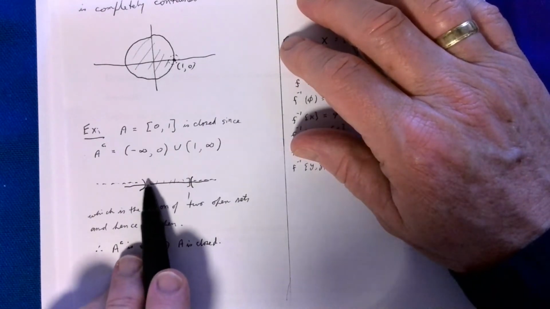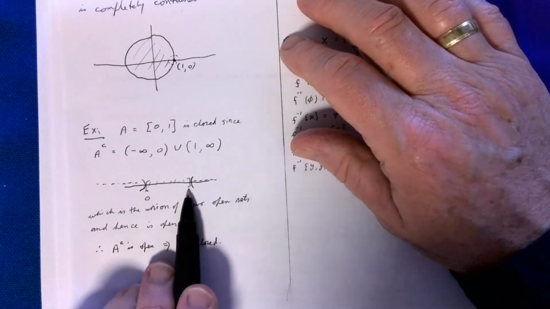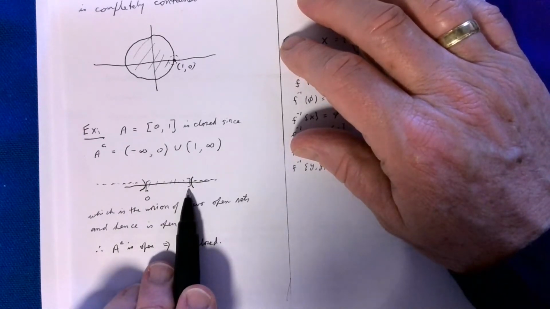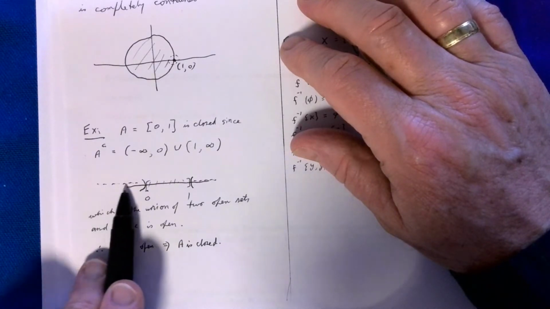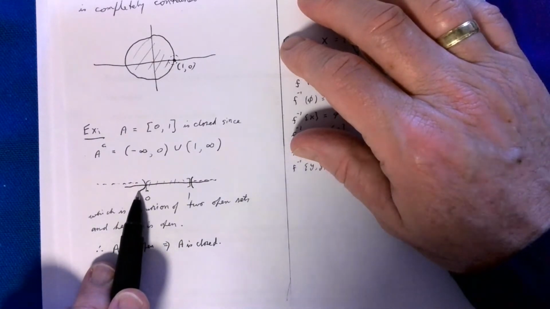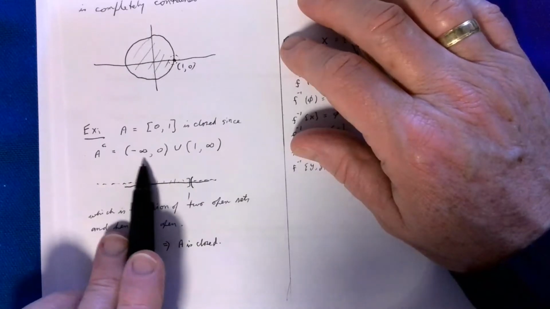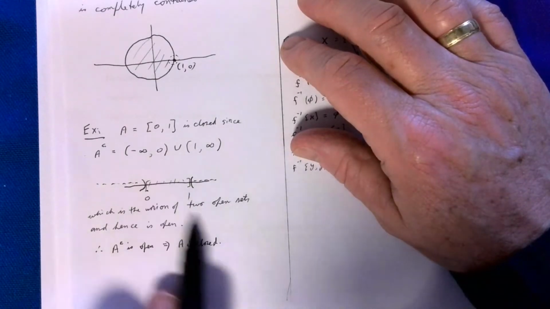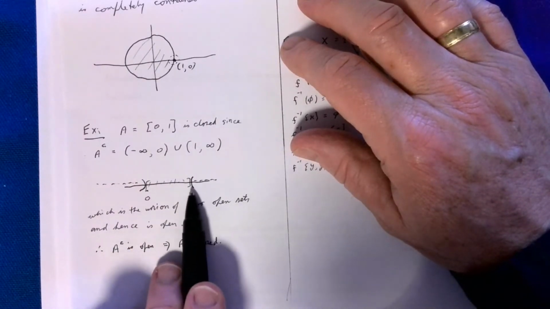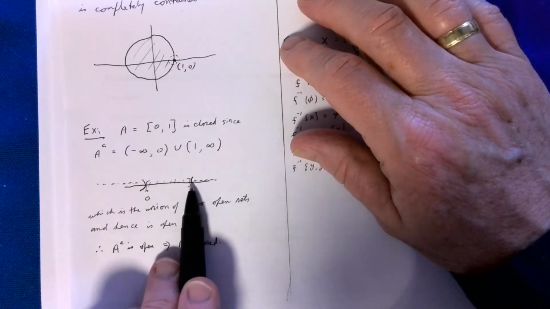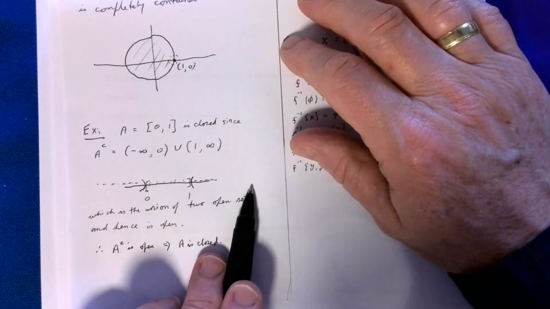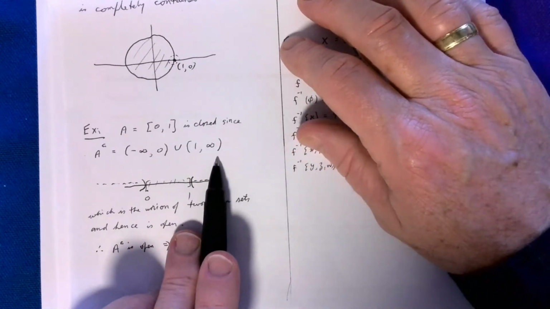So this is the set 0, 1, including 0, including 1. So the complement of that are all of the numbers from minus infinity up to but not including 0. So that's going to be this interval. Union, all the things from 1 excluding 1, because it was included here, excluding 1 going up to infinity. And that's this set here.